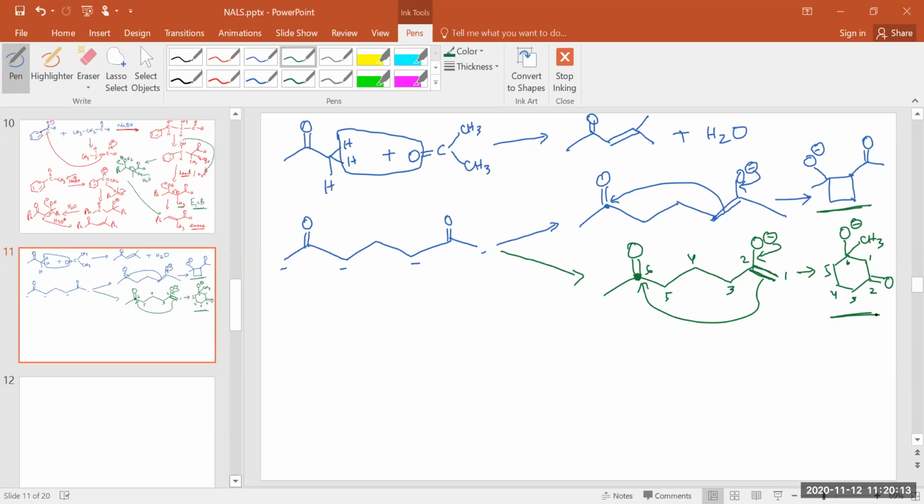Because the 4-membered ring is extremely strained, there is no product formation; the 6-membered ring will be formed. So remember, whenever you have a choice of ring size, 6-membered is the most favorable. And if you have 5-membered versus 4-membered or 3-membered, then 5-membered is favorable. So based on the stability, the ring formation will take place. So this is the intramolecular aldol condensation. Okay, any question?